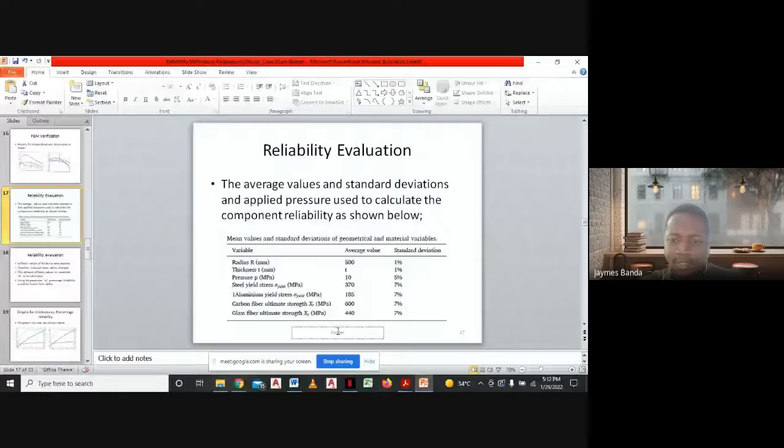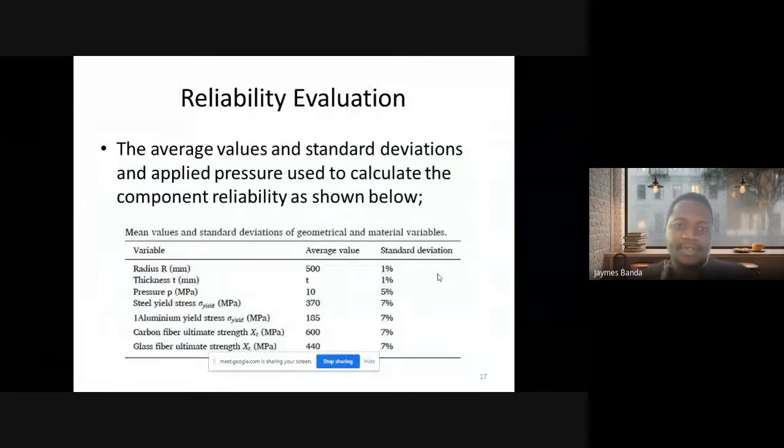Regarding the reliability evaluation, average values and standard deviation of applied pressure were used to calculate the component reliability as shown.